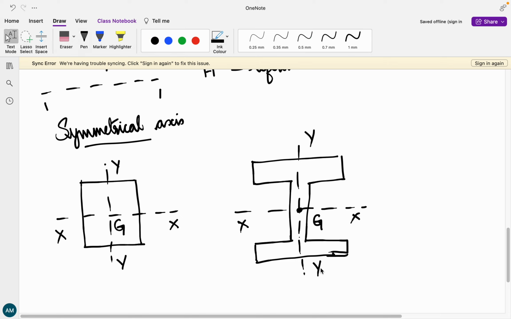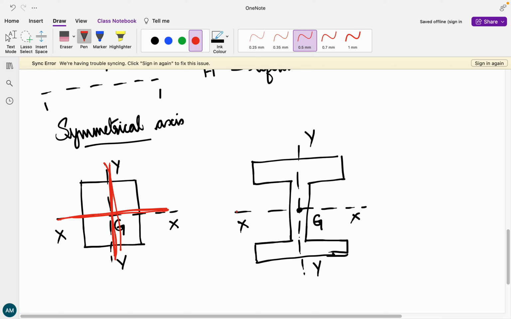So here XX and YY for both the figures are nothing but your centroidal axes. If you can see about the x-axis, let us consider first the rectangle. About the x-axis, your figure is being cut into two equal halves. So your x-axis is going to be a symmetrical axis, and about the y-axis, this is also going to cut your given plane figure into two equal halves. So this is also going to be a symmetrical axis.